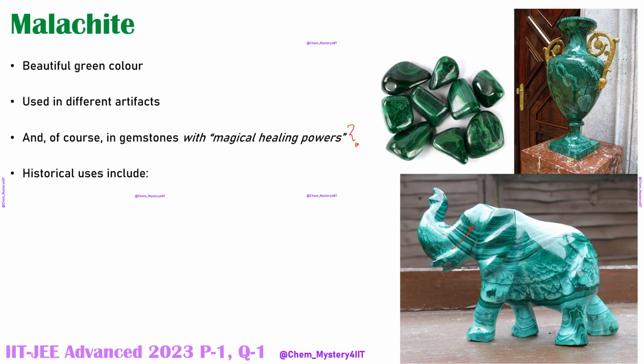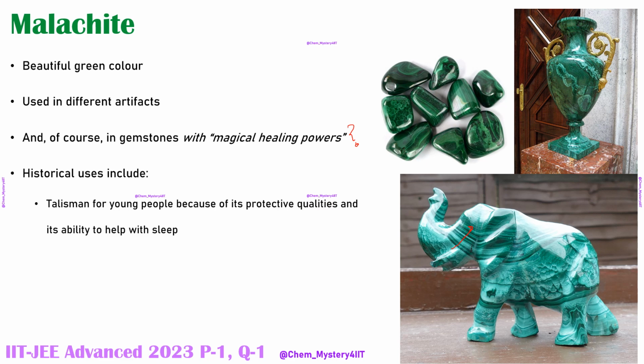Historical uses of malachite include talismans for young people who supposedly believed it protected them from different things: helping them sleep, protecting them from lightning and contagious diseases, as if it might have cured them from the coronavirus.